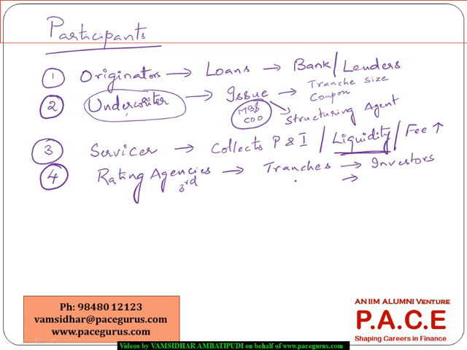And if required to get a better rating, they would suggest possible credit enhancements also, either in the form of external insurance, internal over-collateralization, or excess spread arrangements. Here is where the conflict lies: the rating agencies want to grow their business, but if there is a lot of default occurring, the rating agencies are actually selling their reputation.